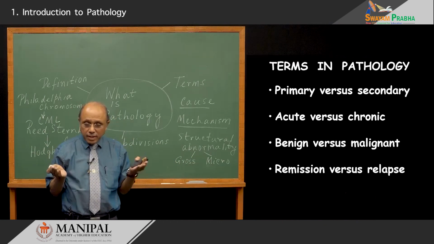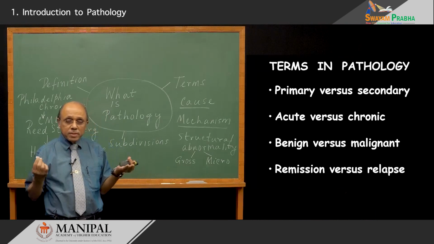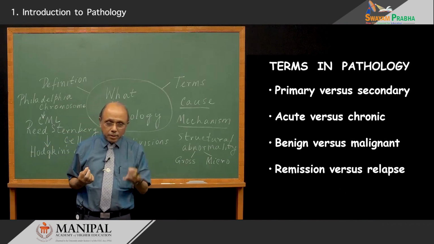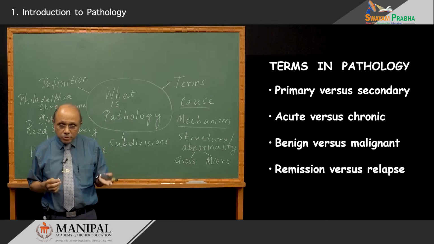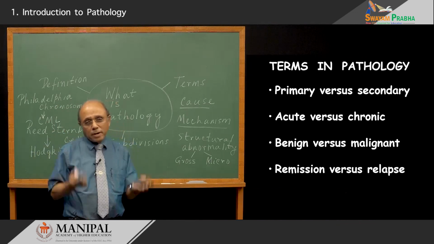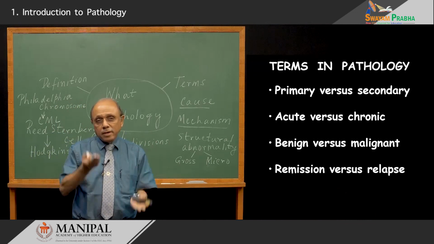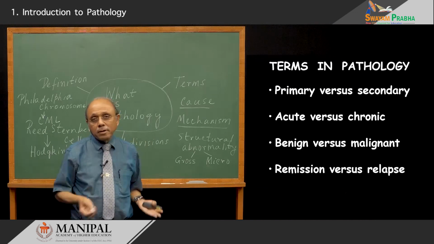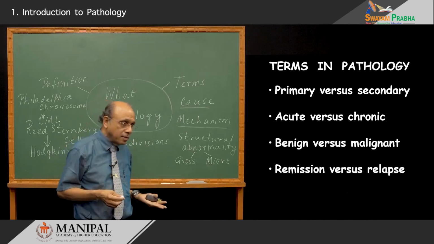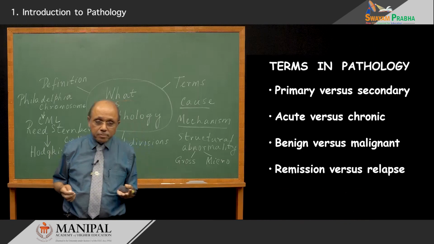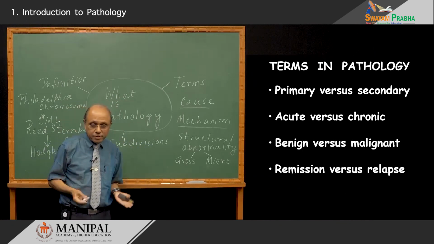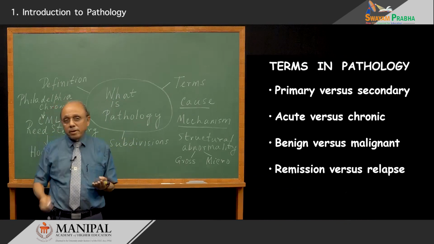Any disease has this, typically it is known with ulcerative colitis, you will hear about that later. Crohn's disease, there are many diseases which have ups and downs, and this up and down process in a disease is referred to as remission, that is for the down part of it, and relapse for the up part of it.